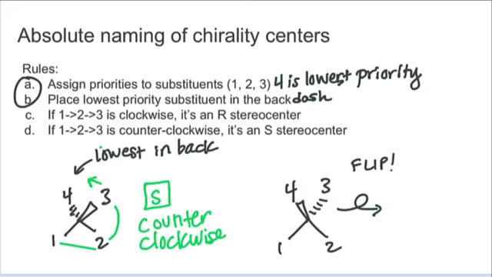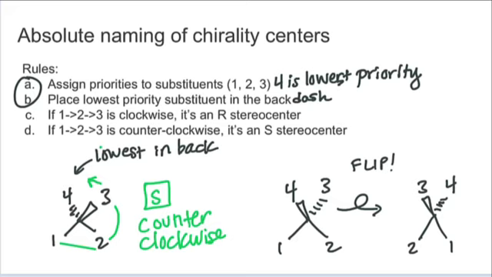Again, this does not require making or breaking bonds, so we're not forming a stereoisomer of this compound at all. We're just showing you what it means to get the lowest priority group into the back. If I rotate this molecule around a central axis, then 2 is going to be where 1 was, 1 is going to be where 2 was, and 4 ends up in the back, where we want it.